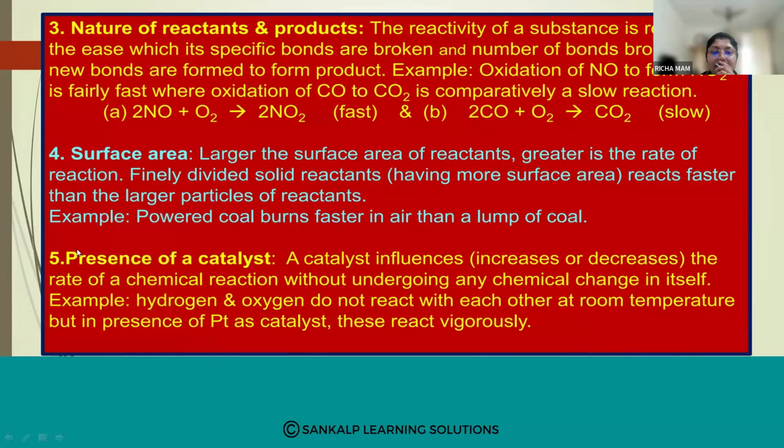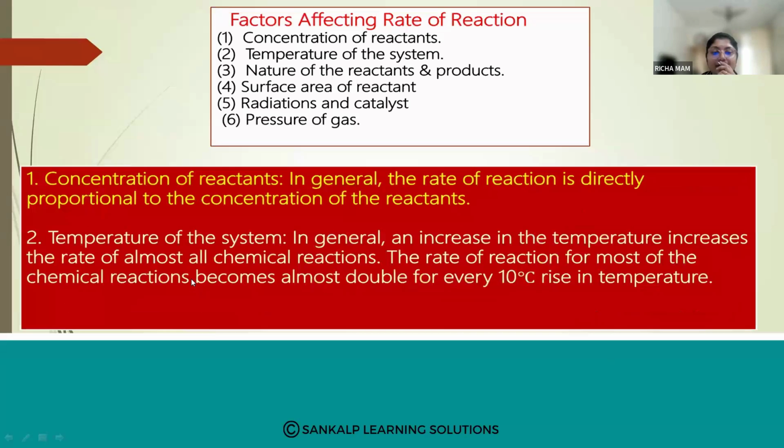Then temperature: what happens with temperature? With an increase in temperature, the rate of the reaction also increases. The rate of reaction for almost all chemical reactions becomes almost double for every 10-degree rise in temperature.